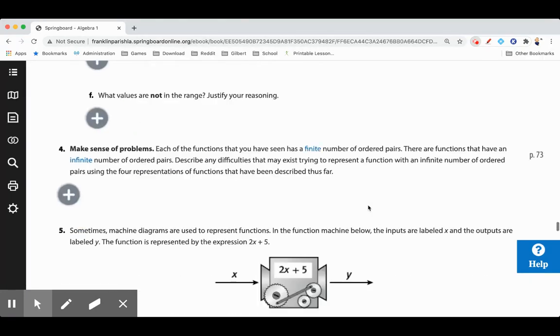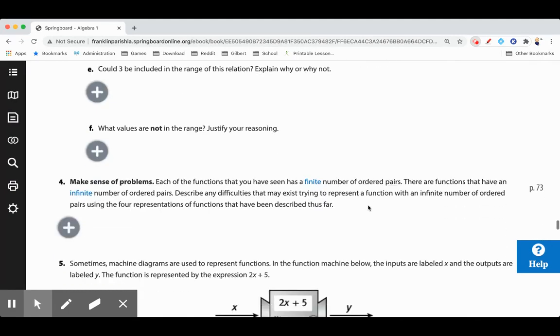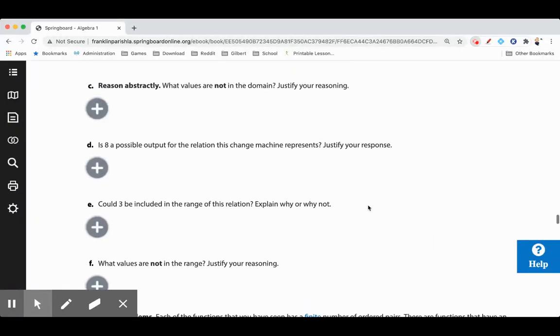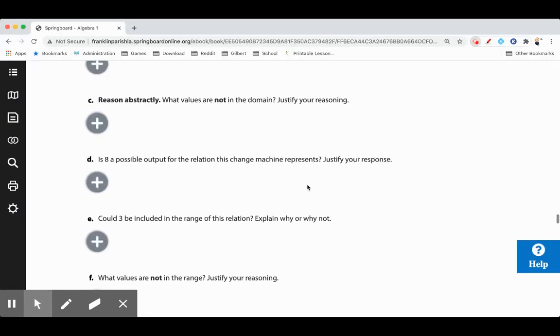So is 8 a possible output? Yes, it is. You'll get 8 quarters out if you put in $2.